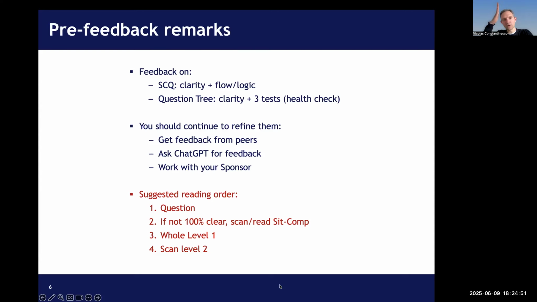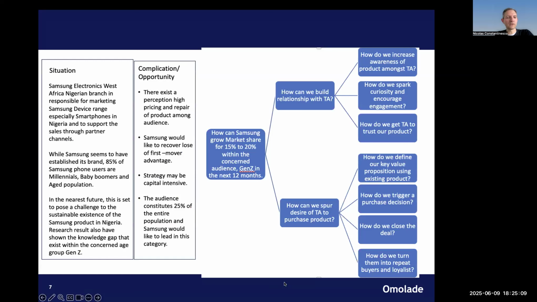But I think it's important to get the whole view on level 1 before starting to look at the detail of level 2. And then just tell me when you're done. By the way, the 2 question trees that show up are evolutions from the same 2 that we looked at last time. So let me know in the chat box when you're done reading this one.